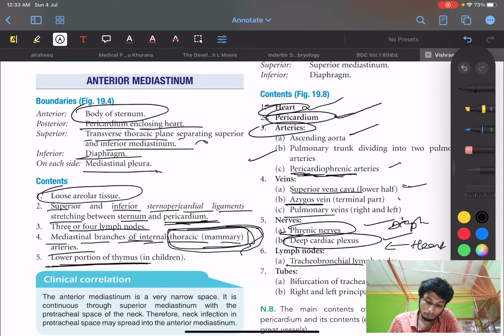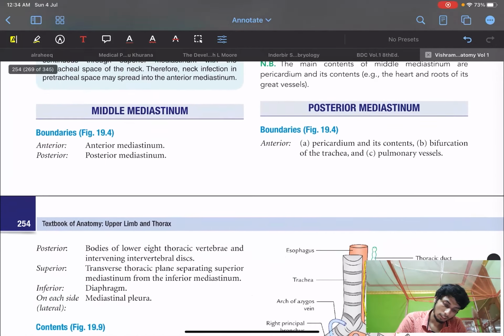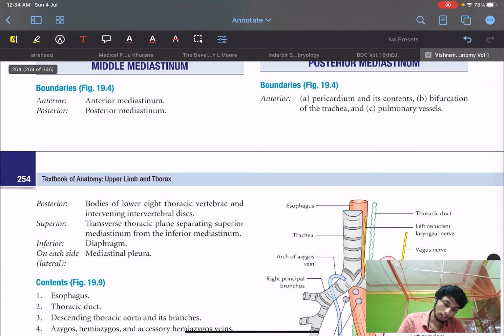Lymph nodes: tracheobronchial lymph nodes, easy. The bifurcation of trachea actually happens at T5 level, and right and left principal bronchi. Now let's discuss the posterior mediastinum.